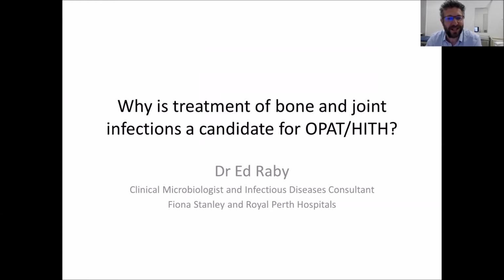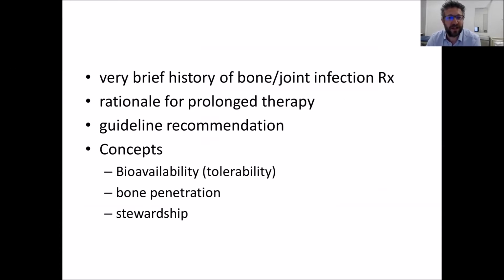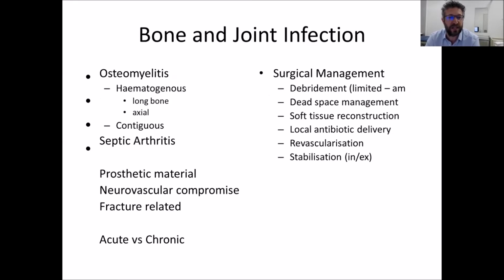Good evening, good morning. So I'm going to provide very much an overview, and I think leave more questions than answers as we run through a very brief history of bone and joint infection treatment, the rationale for prolonged therapy, and some of the concepts around the choice of treatment and treatment duration.